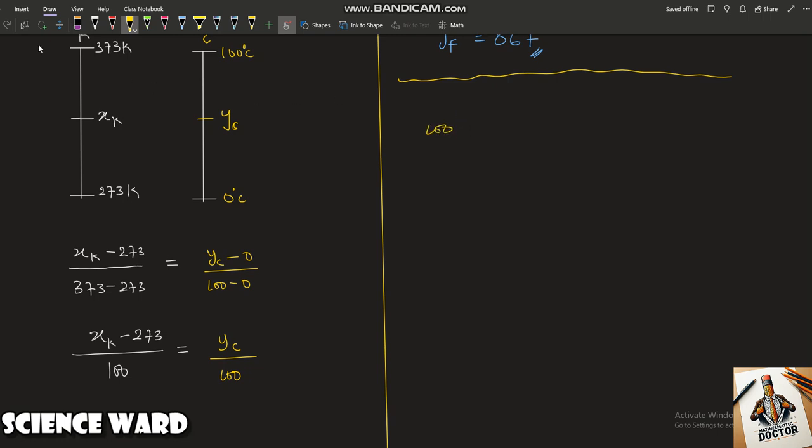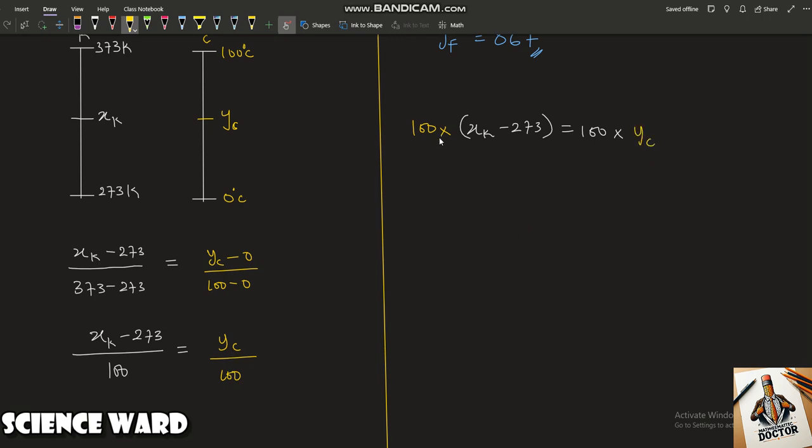That'll be 100 multiplied by this value, xK minus 273, and that will be equivalent to the 100 multiplied by the yC.